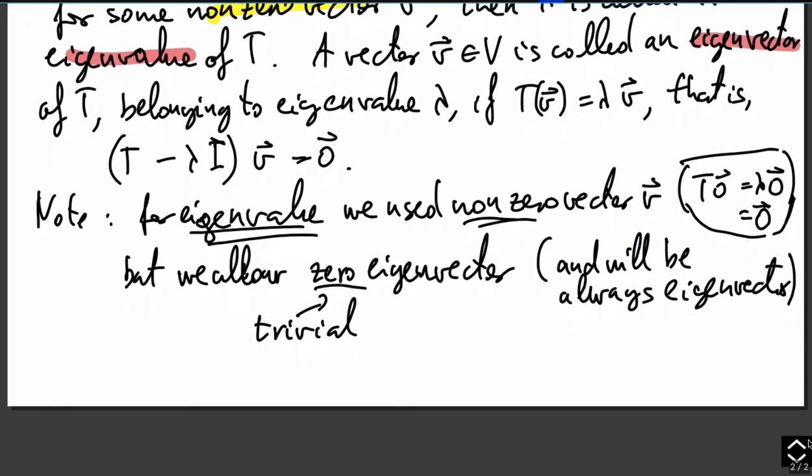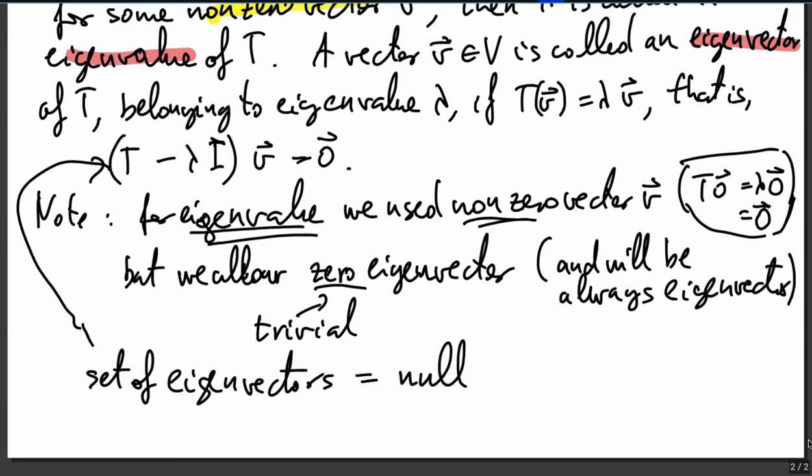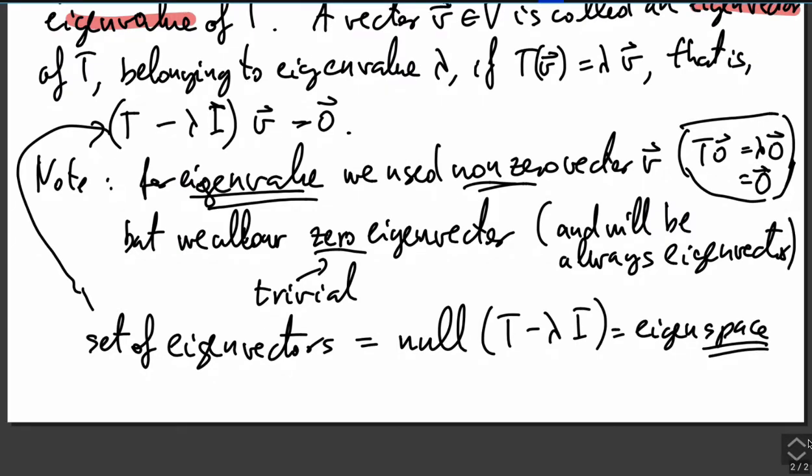But the reason why this is so nice is because, looking at this definition for the eigenvector, the set of eigenvectors is actually the same as the null space of this T minus lambda I operator, which is then an eigenspace, since it's a subspace. And this is also a T invariant subspace.